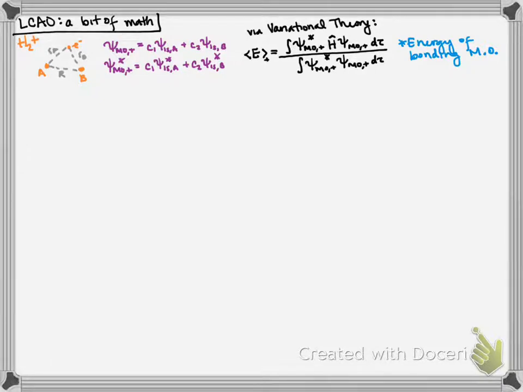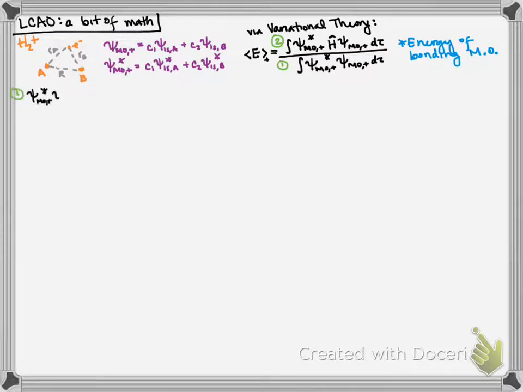This will be the energy of the bonding molecular orbital if we do these integrals and take the ratio. So let's call the denominator, the psi star psi integral, integral number 1, and the psi star Hamiltonian psi integral, which we find in the numerator, integral 2.